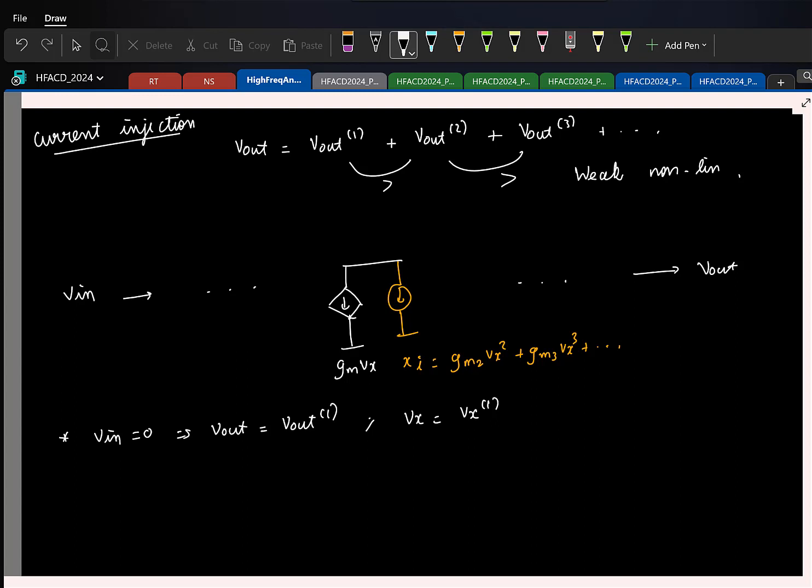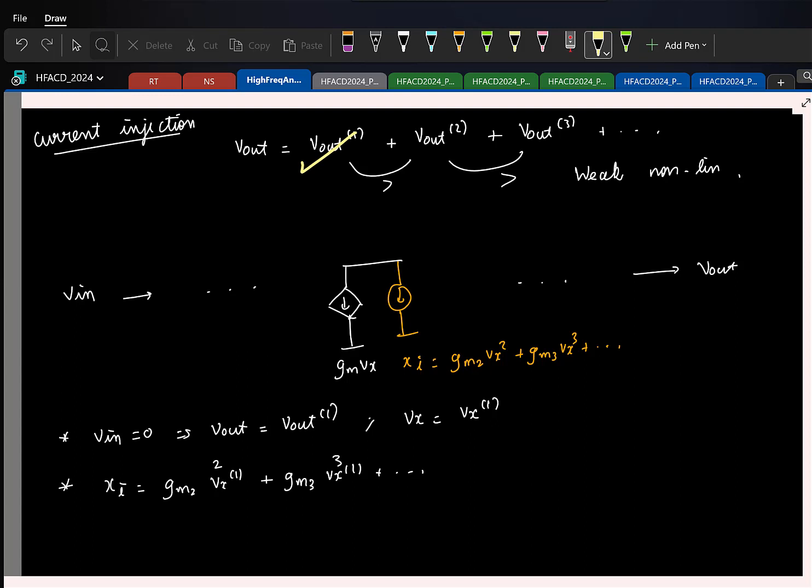Once that is done, you find the response due to the second current source. Ideally you should know the entire information about Vx, but right now you just know the linear portion, so you approximate Vx to be the linear portion, and then you say my injected signal is this Vx linear portion square plus GM3 cube and so on.